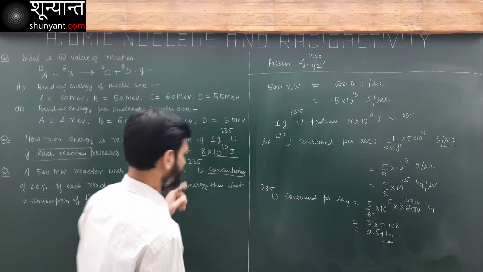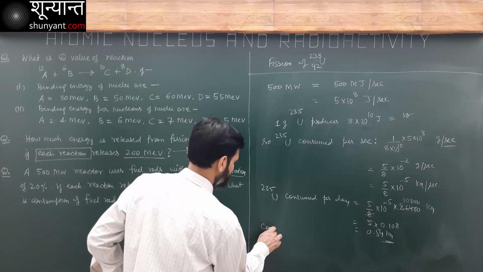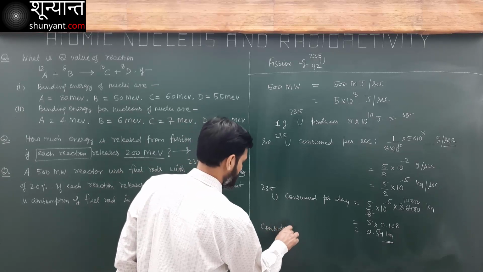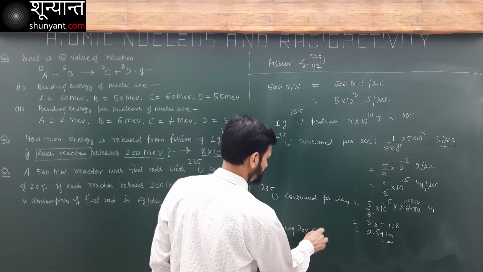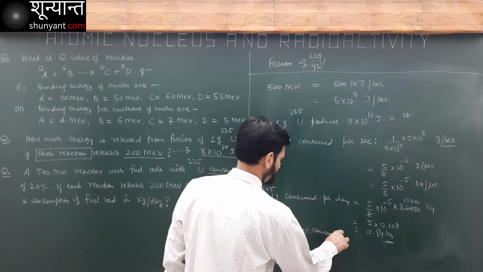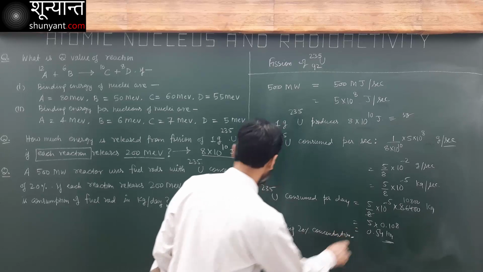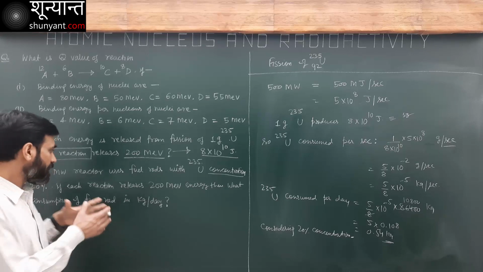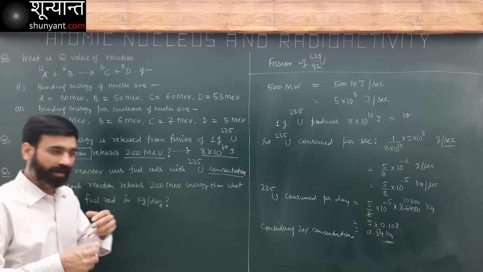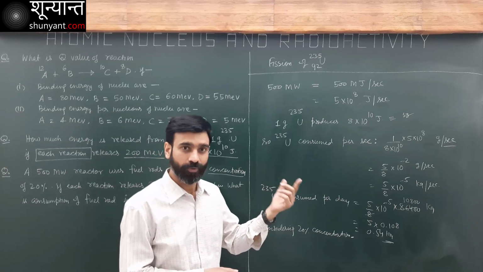Now, considering 20% concentration, not efficiency, concentration. I have these fuel rods, they have 20% concentration. So what should be the amount of fuel rod such that I get 0.54 kilograms of uranium?